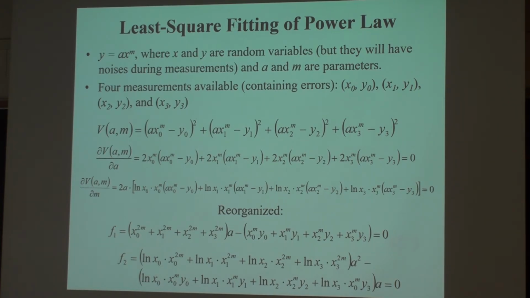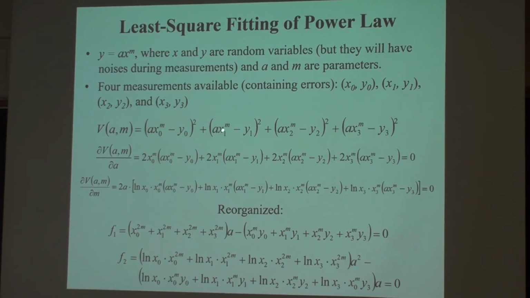No trick, this is nothing but algebra. I write down the objective function as a least square principle, and remember this is highly nonlinear. But I can take the derivative, set it to 0, and reorganize. You can see that a in the first equation remains linear, and in the other it is quadratic.